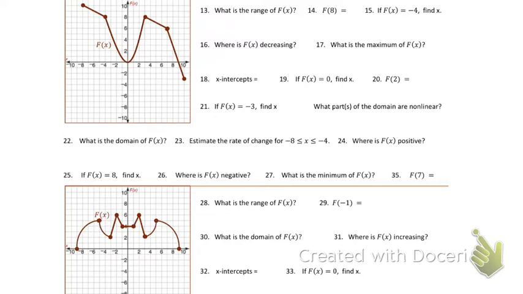So start off with number 13. All right, what is the range of f of x? So remember, the range is how tall from the bottom to the top. So we want to use these numbers to talk about the range. First, start at the bottom. What is the smallest distance at the bottom?